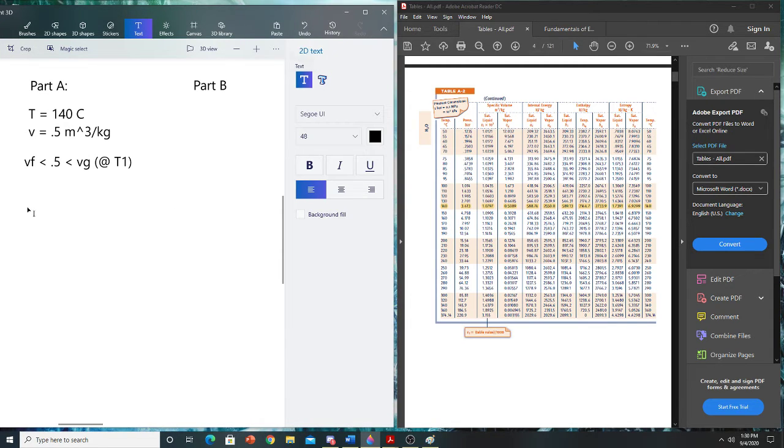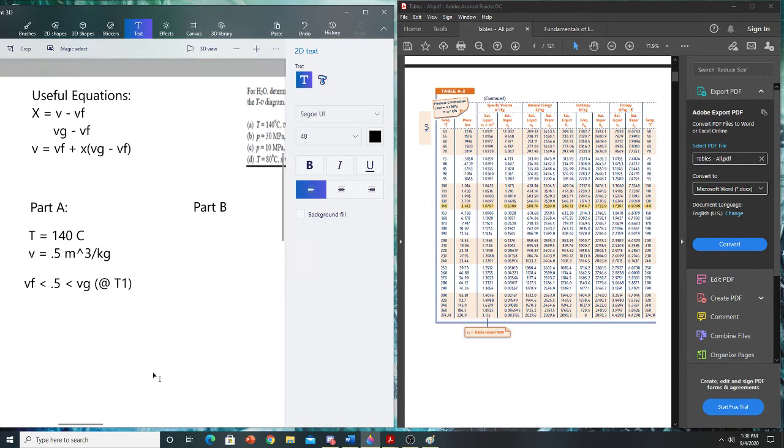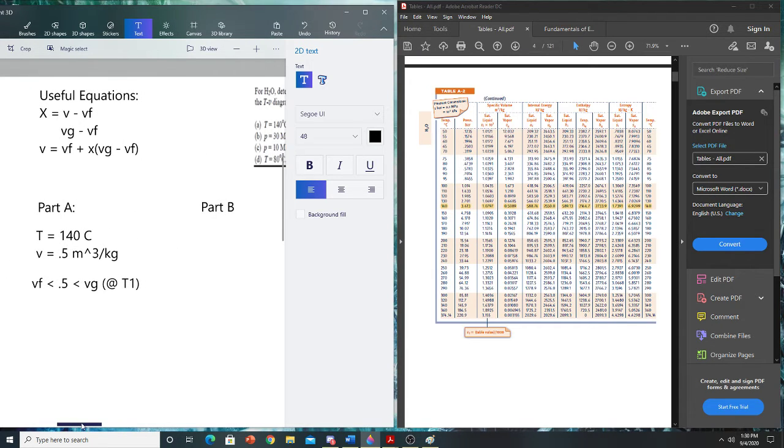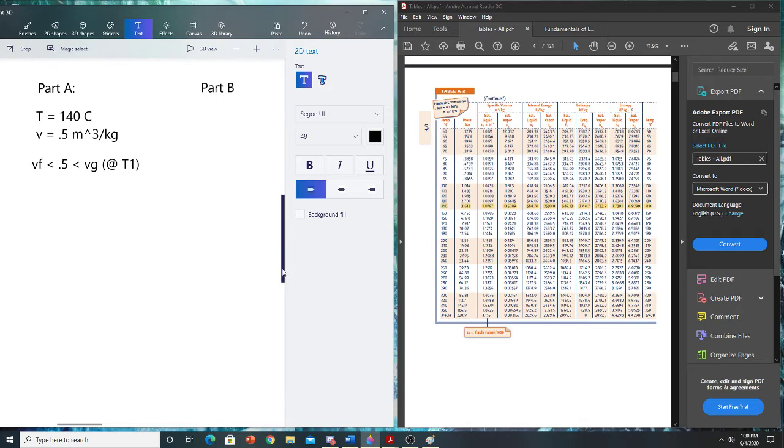Because of that, the question asked for the pressure. That's what we were supposed to find here. If you remember from the prompt, it says find P in bar. So how do we find the pressure? Well, the pressure here is whatever the saturation pressure is, because remember, inside of that saturation curve, the pressure and temperature do not change, unless you increase the pressure.